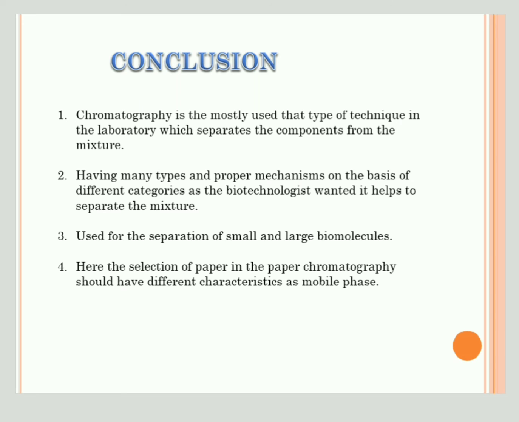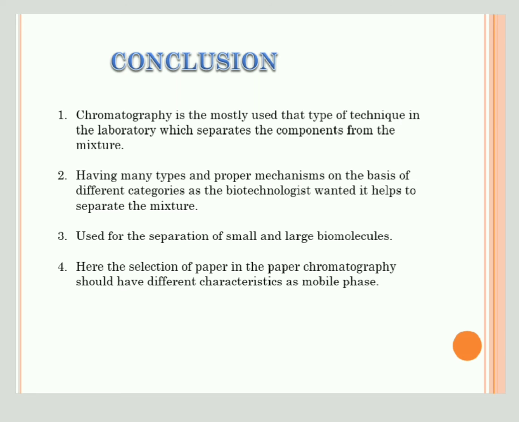The fourth point is not that clear, so I will explain it here. What I wanted to explain is that the selection of the stationary phase, that is the type of paper, filter paper or any other type of paper used for the technique, should be done in a proper way, keeping in mind the characteristics of the solvent, the mobile phase.